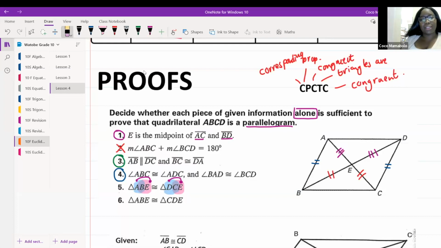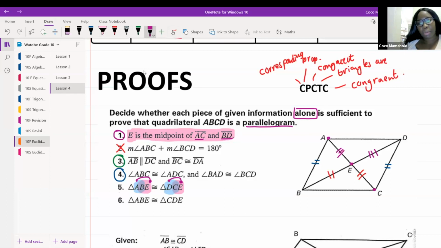Now, remember, guys, let's go back a second. And let's look at what this statement said to us. Here, where it said E is the midpoint of AC and BD.